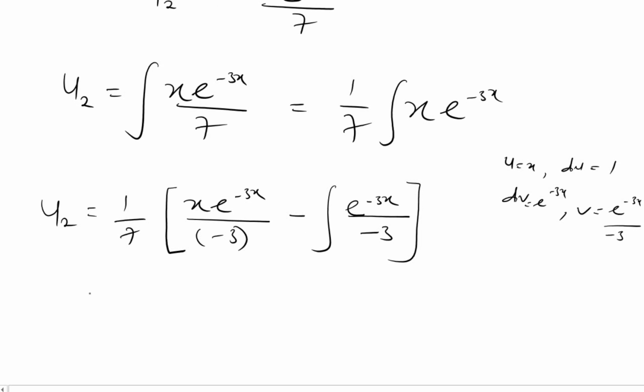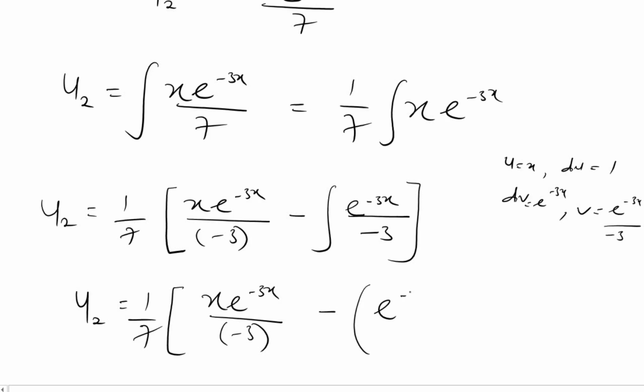Moving further, say u2 is equal to 1 over 7 into x exponential of minus 3x over minus 3 minus, what is going to be the integral of this? Exponential of minus 3x divided by minus 3 into minus 3.